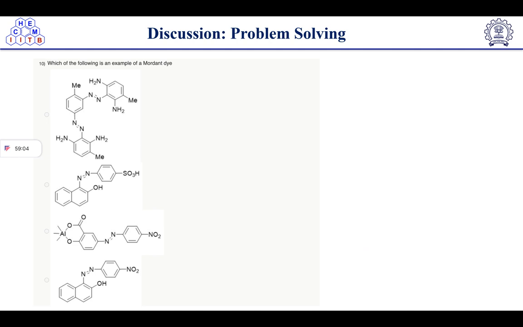Next, which one of the following is an example of methyl orange dye? So methyl orange is an orange-red dye, which is done in the experimental section in BSc only. So I hope everybody knows about the dye. So this is the experiment included in our BSc practical. What is the correct structure?